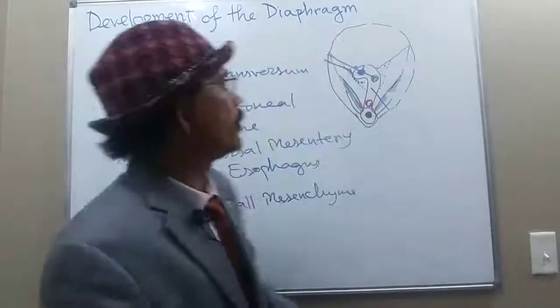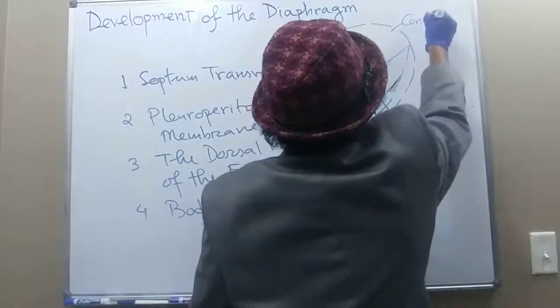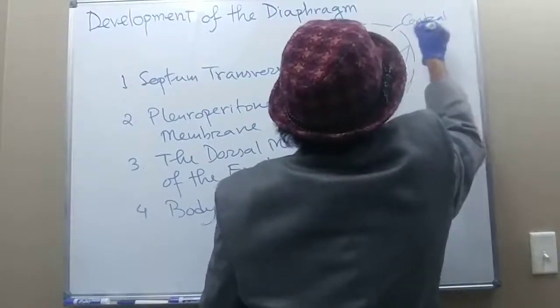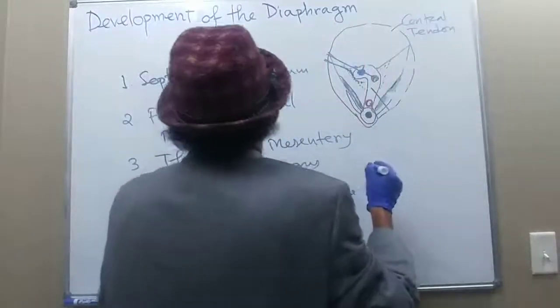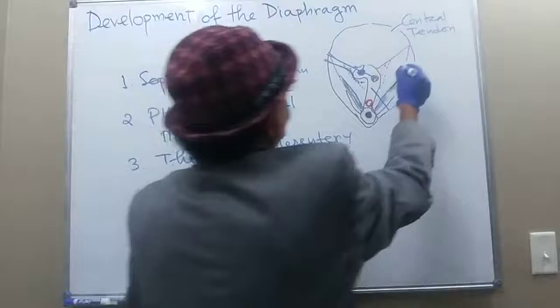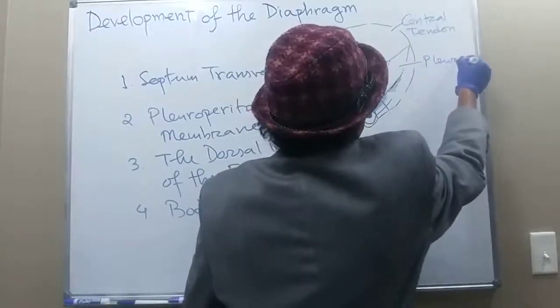So from the septum transversum we get the central tendon of the diaphragm. From the pleuroperitoneal membrane we are getting the dome of the diaphragm.